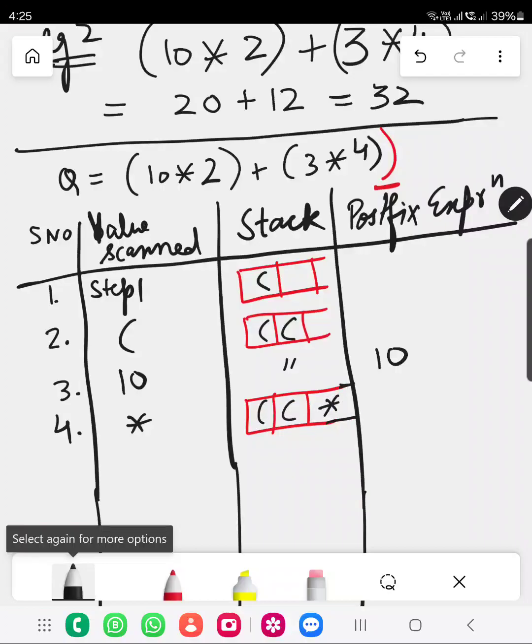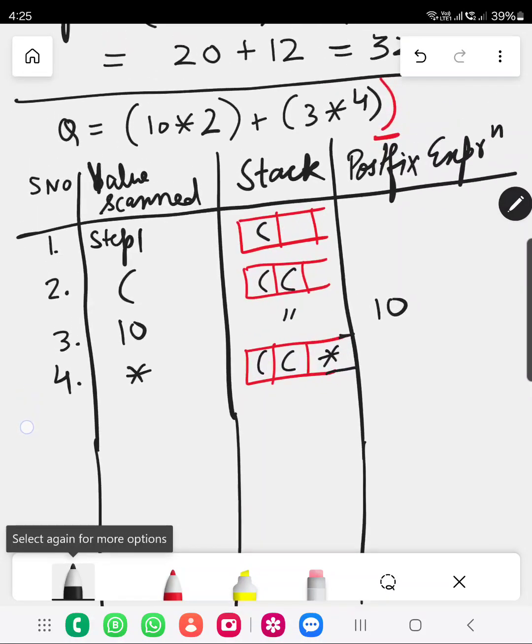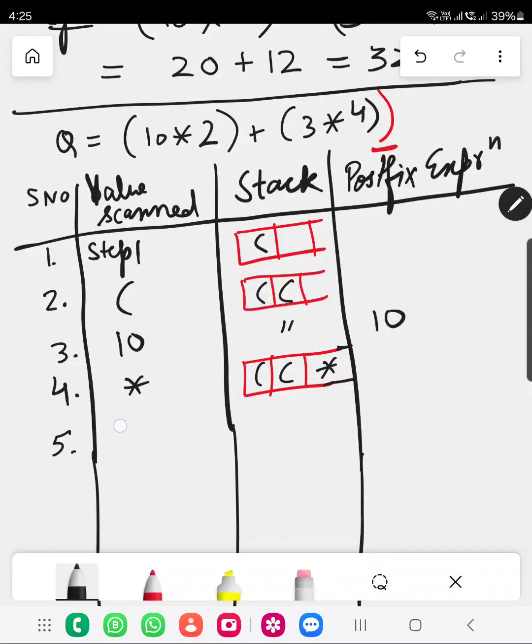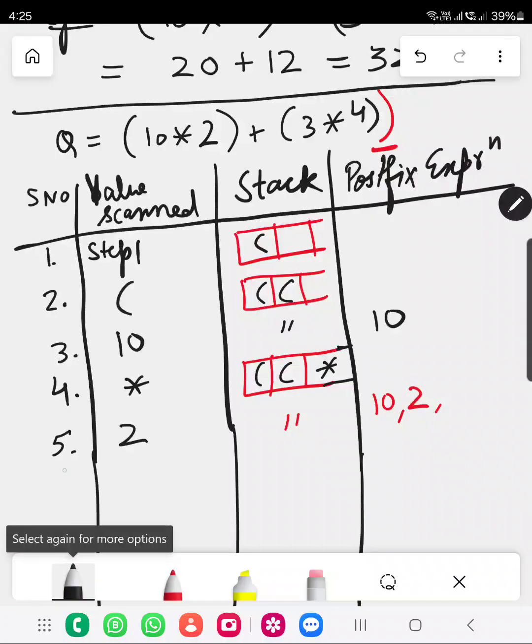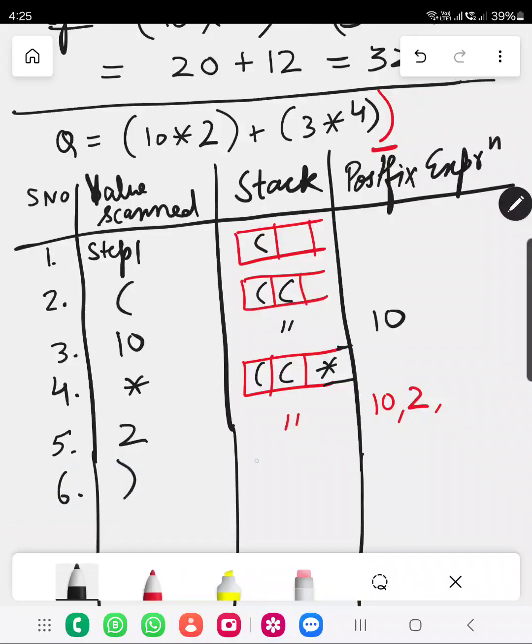Alright, so after this we have 2. So 10 multiplied by 2. The stack will remain as it is, and the expression would be 10 comma 2 because 2 is an operand. Now after this we have right parenthesis. Whenever we have right parenthesis, what do we have to do?